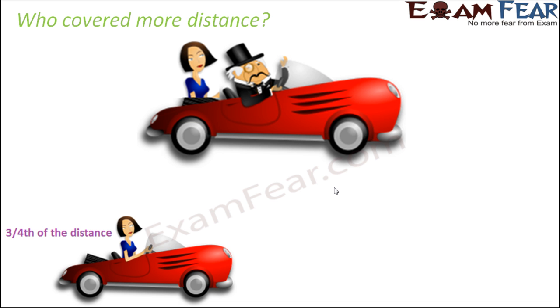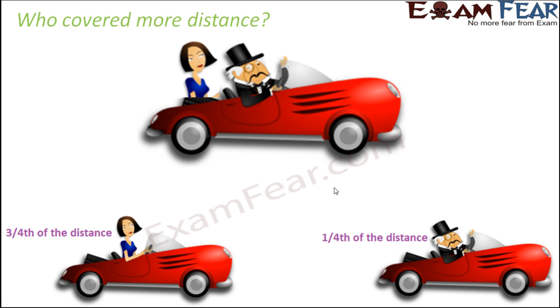So whatever was the total distance, 3/4 of that distance was covered by Mrs. Smith, and the remaining 1/4 of the distance was covered by Mr. Smith. So what is this 3/4 and 1/4? These are nothing but fractions because they are not whole. They are telling a part of a whole, 3/4 of the complete distance. So these are examples of fractions.